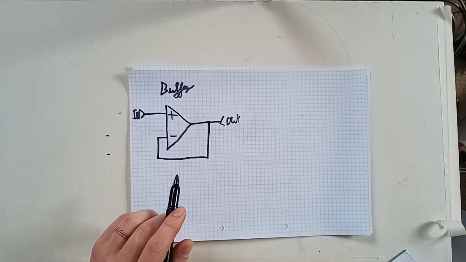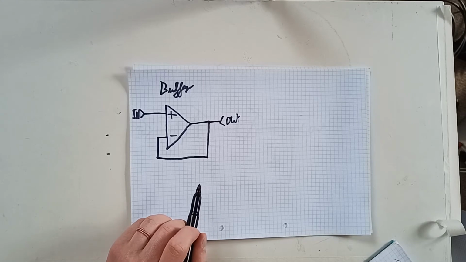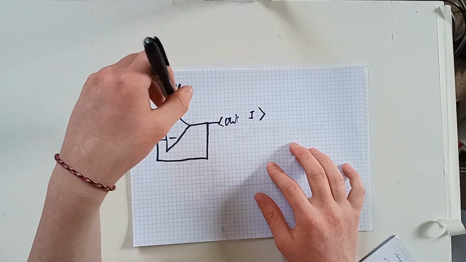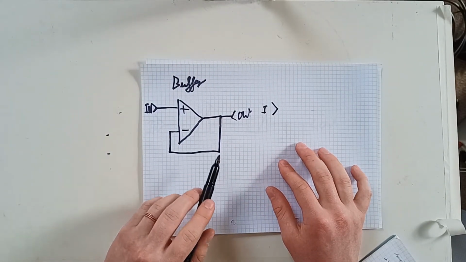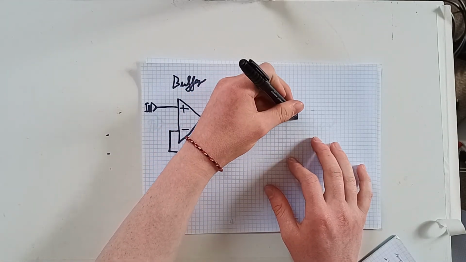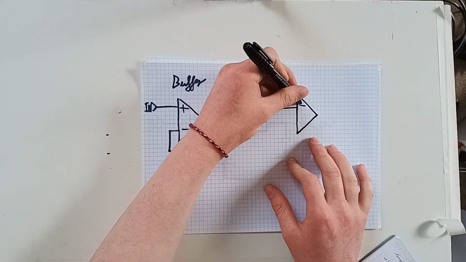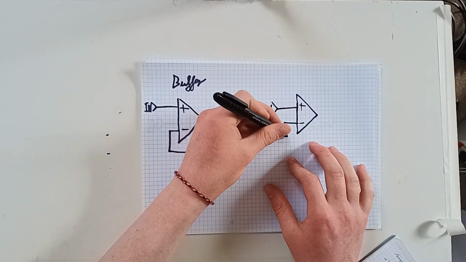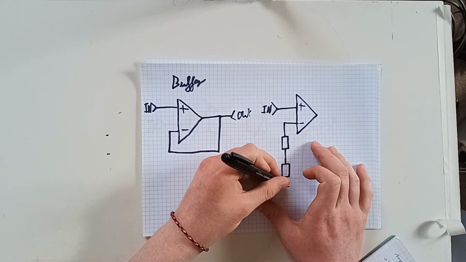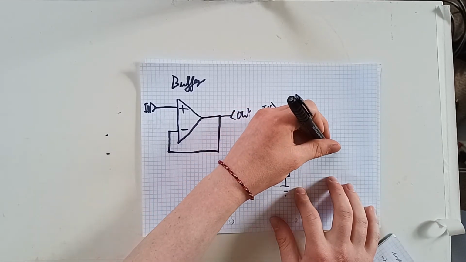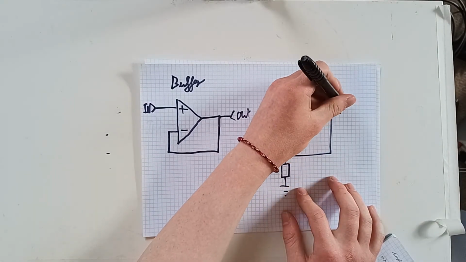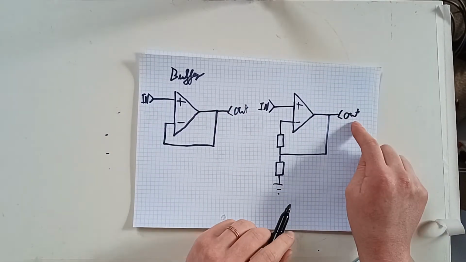An amplifier is very nearly identical to a buffer. However, in the path of the inverting input, you have two resistors which are set up as voltage dividers. So I'll quickly sketch that out now. You'd have your first resistor and your second resistor, which is tied going to ground. Then you would connect that back to the output to get your signal out.